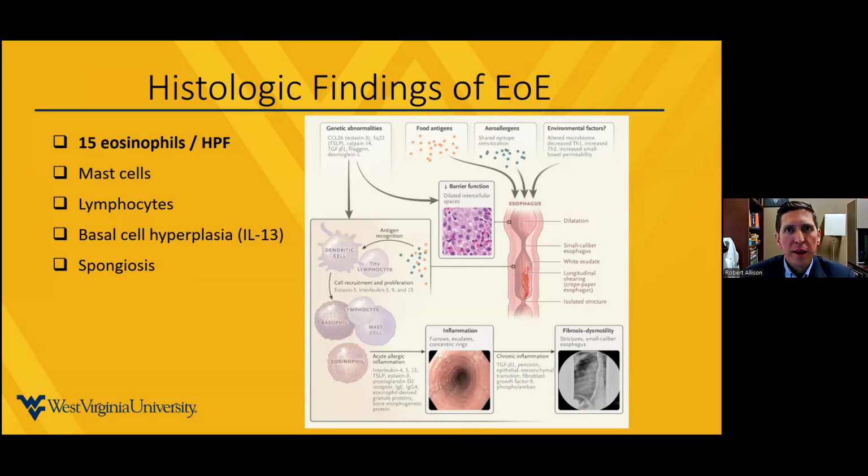But as we'll talk about later, it's also mentioned that it's very common to see mast cells, lymphocytes, basal cell hypertrophy, and spongiosis involved in these biopsies. Because as we become more and more familiar with EOE, we're learning that although it is eosinophilic predominant, there's lots of other cells that are involved in developing all of those endoscopic findings.